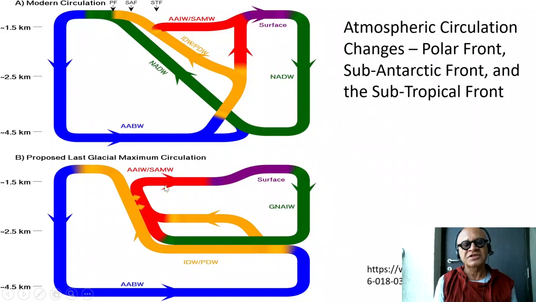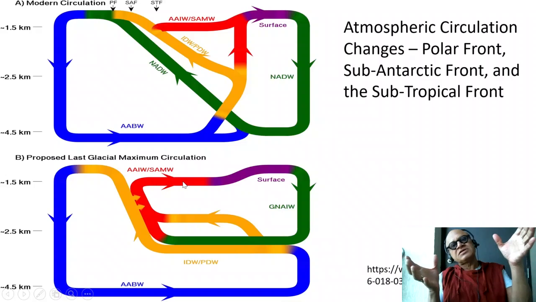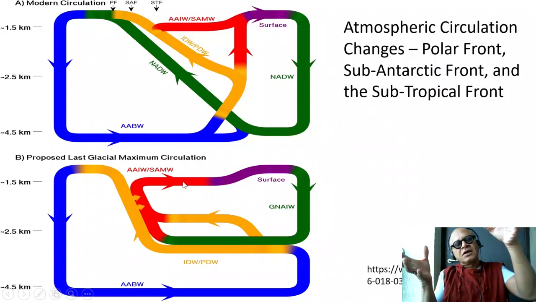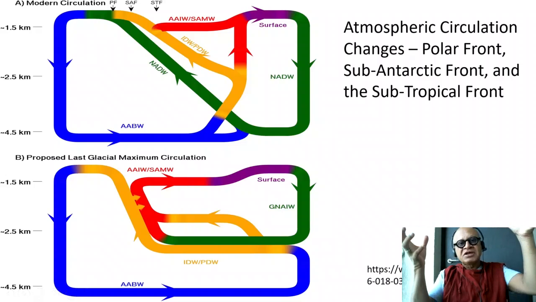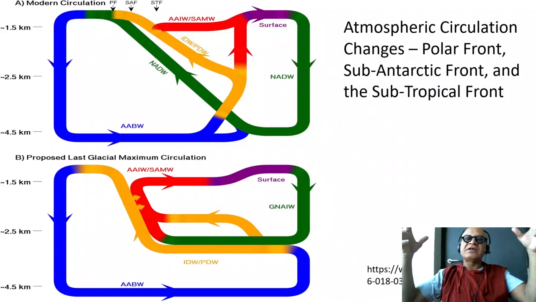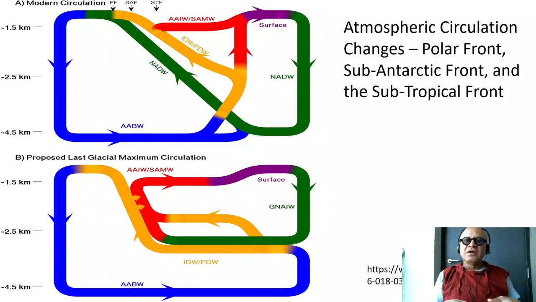So there are these other exchanges happening of the North Atlantic intermediate water mixing with the Antarctic intermediate water and subantarctic mode water. Mode water is something specific compared to deep water and intermediate water, which are created at the surface and they sink by convection.